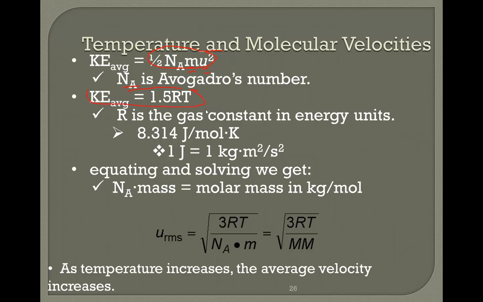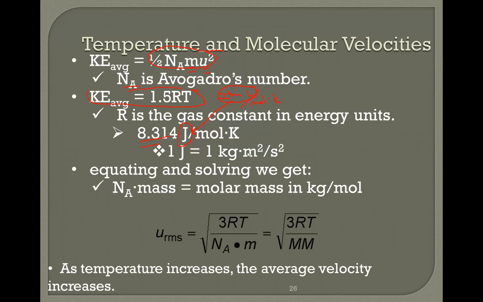However, in our previous examples R was 0.08206 atmosphere liters per mole kelvin. Now we're talking about energy, so we have to convert this number to joules. So these atmospheres and liters get converted over to joules to change this numerical value. It's still a constant, it just has different units here.